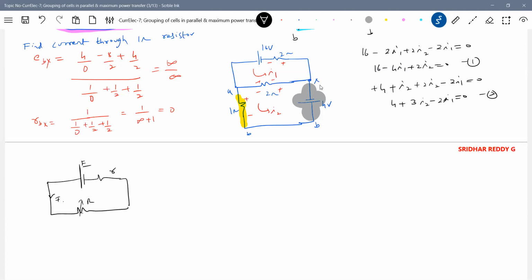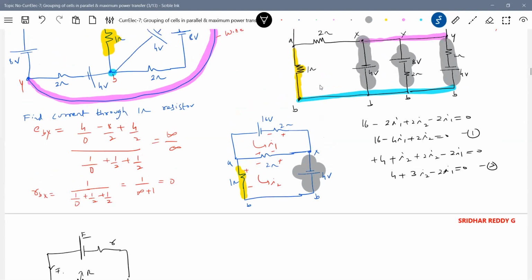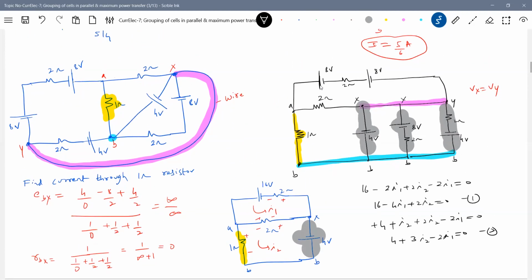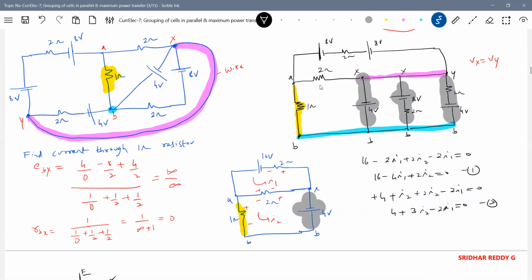That is a property of a cell. So it's like a constant voltage. Current through it can vary, but the EMF will remain constant. That's what a cell is. So the basic idea of a cell is constant voltage, EMF is what we are deciding. The current through a cell can vary, but the EMF of a cell will remain constant.